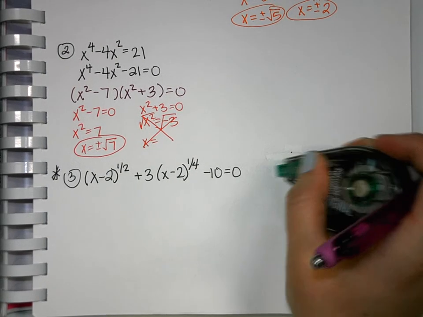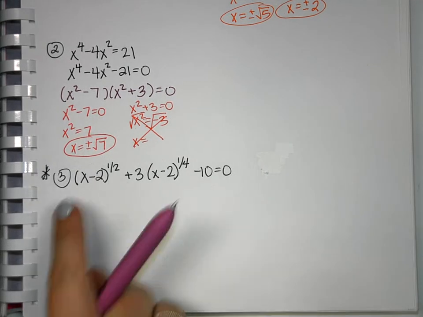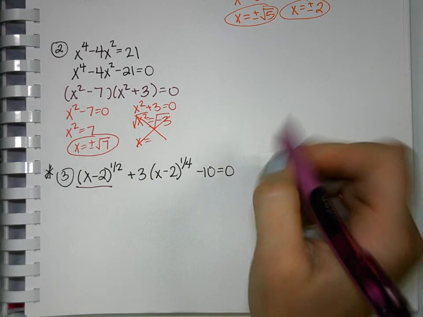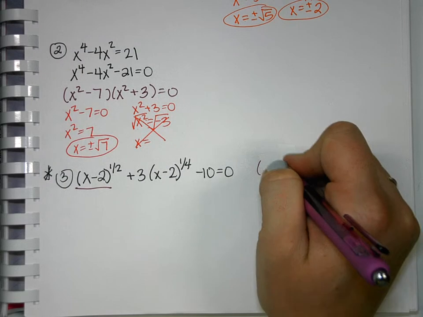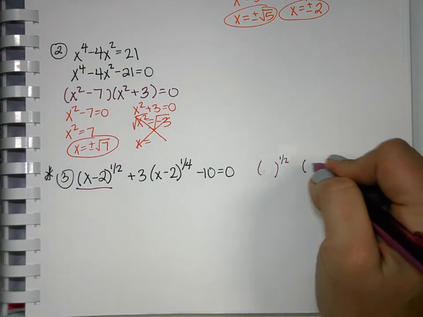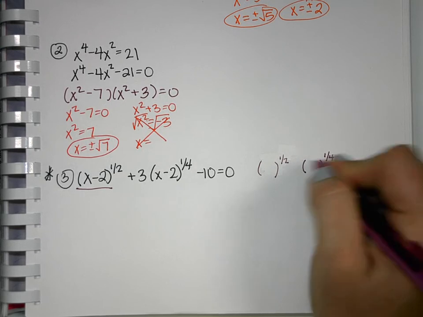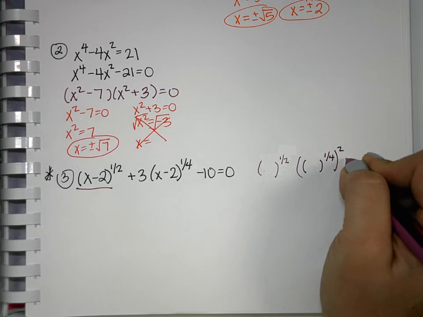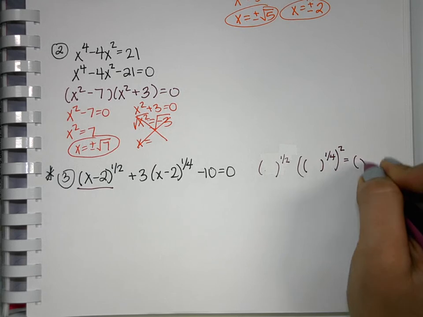Right now, if we look at our first term here, that's what I'm looking at. I have my parentheses to the 1/2. Well, if I were to do a parentheses to the 1/4 and square that, I would get a parentheses to the 1/2.